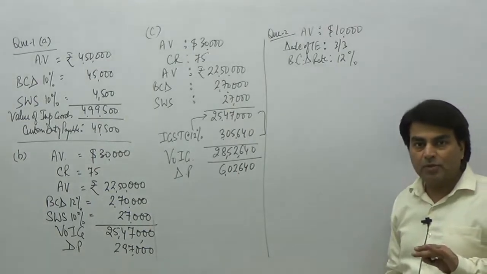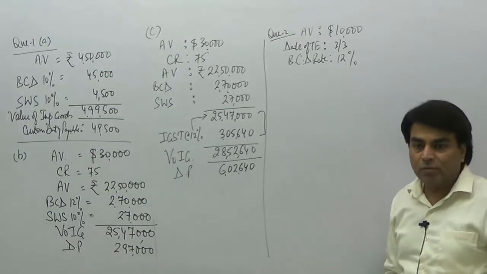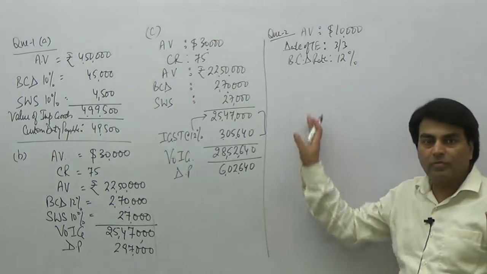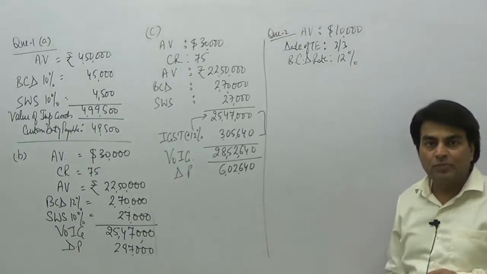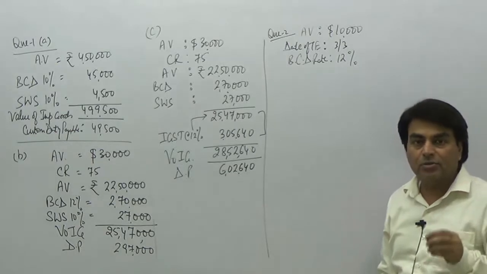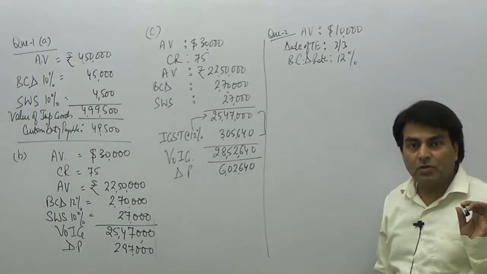Okay. Now in case you have made a mistake here, instead of 12% you are taking 10% rate, please note that everything in your question would be taken as wrong. Even though other calculations you do may be right, when you have already taken the wrong custom duty rate, that means everything else is also wrong.